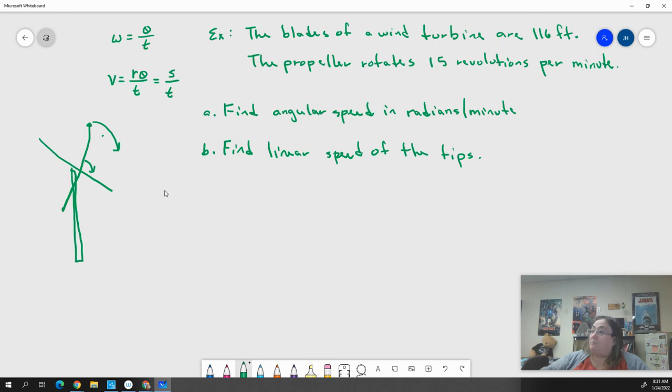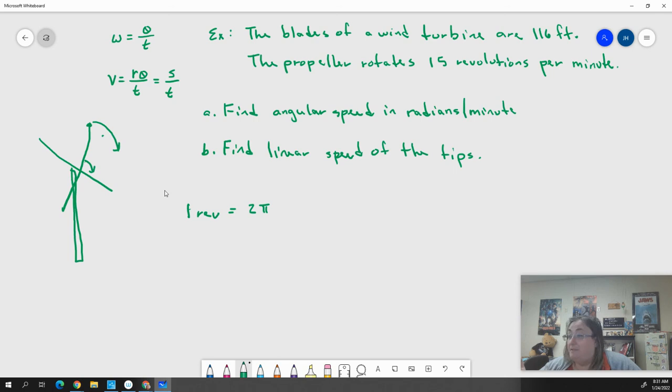So we know that one revolution is a circle, so one revolution equals 2 pi. And we know also that it revolves 15 times in a minute.